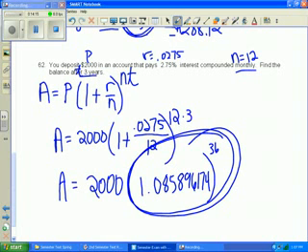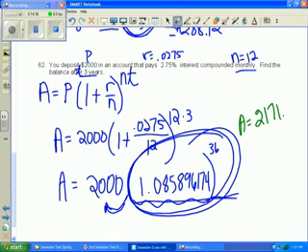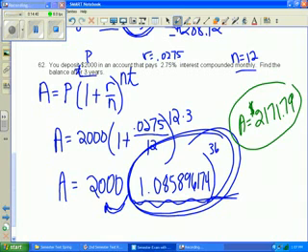Calculate this term to the 36th power and then multiply by 2,000. Exponents, please excuse, and then my dear Aunt Sally. And so that ends up being an amount of 2171.79. Okay?